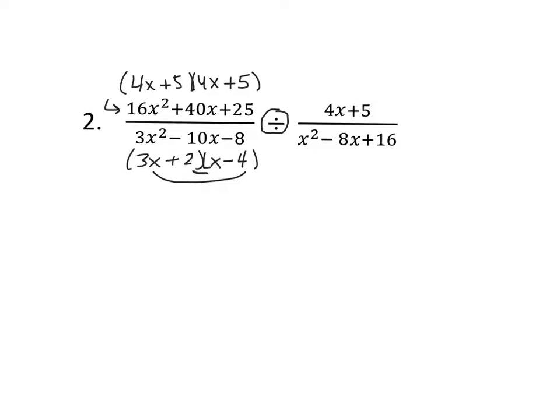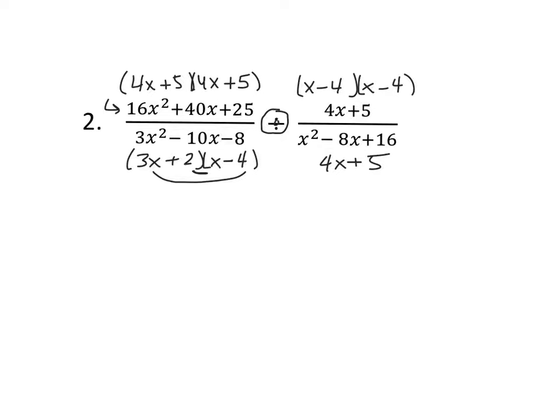The second one, remember, I'm going to flip, so I'm going to bring the 4x plus 5 down to the bottom. I'm moving the denominator up, and this appears to be a perfect square trinomial. x and x, in this case both signs negative, 4 and 4. And it does work.